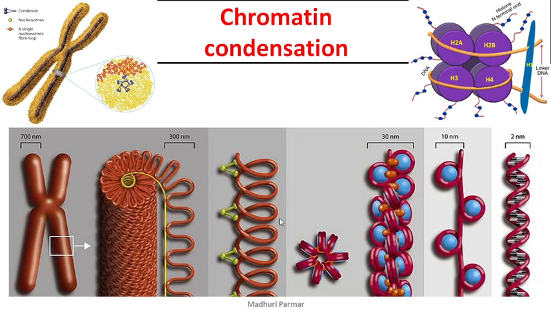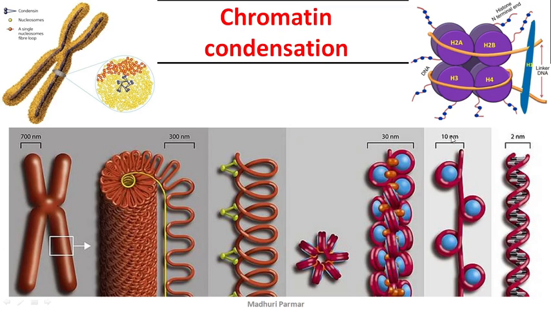So this is how the DNA is condensed. It is reduced in length, wound over different proteins, and it increases in thickness. So this is the nucleoprotein complex, and this is how it is forming.